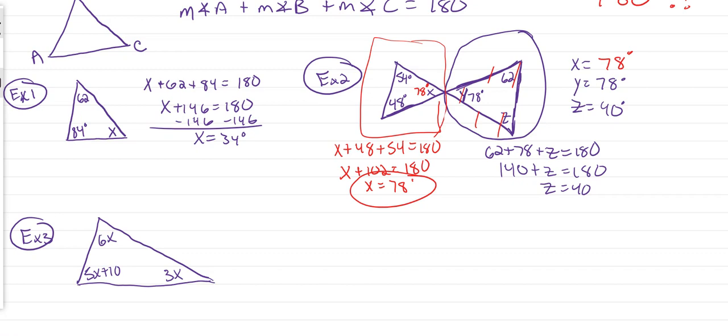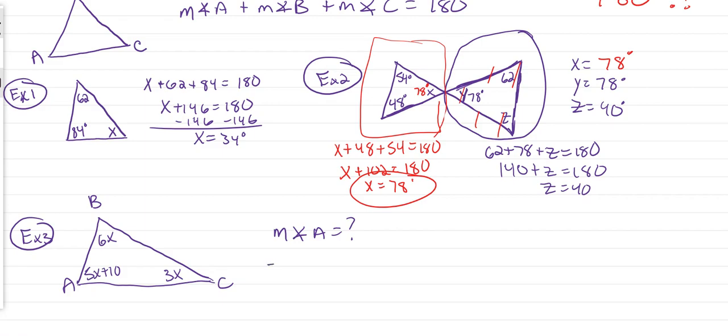Now, for a problem like this, let's say this is A, B, and C, and I'll ask you for the measure of angle A. In order to do this problem, again, you would start off the same way with the angle addition. Triangle angle sum, not angle addition. And triangle angle sum says that angle A plus angle B plus angle C is 180.